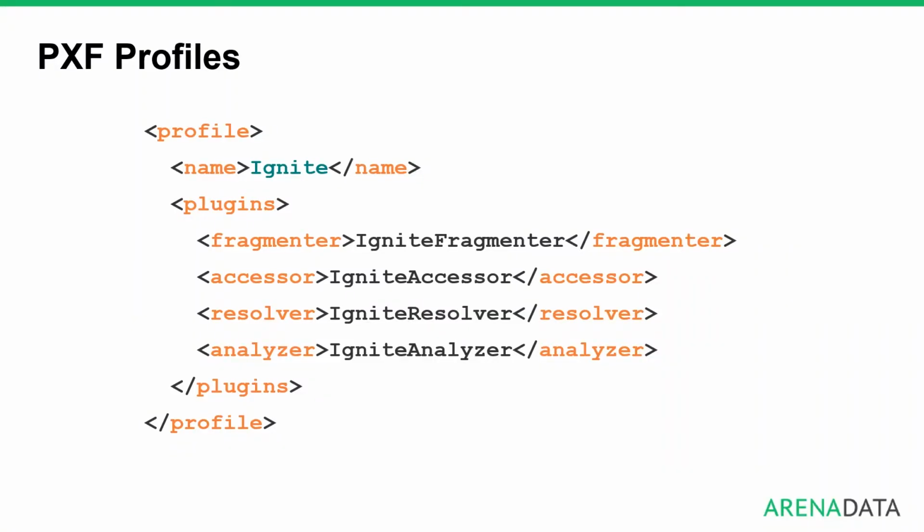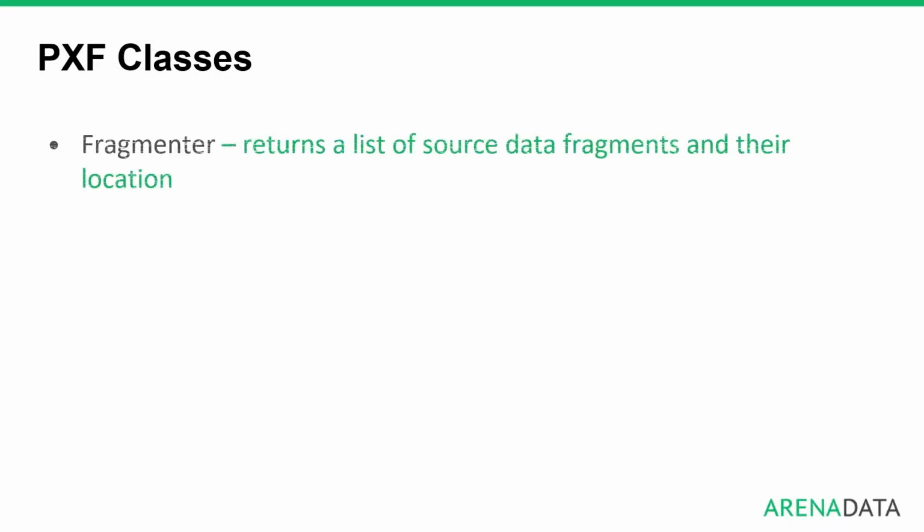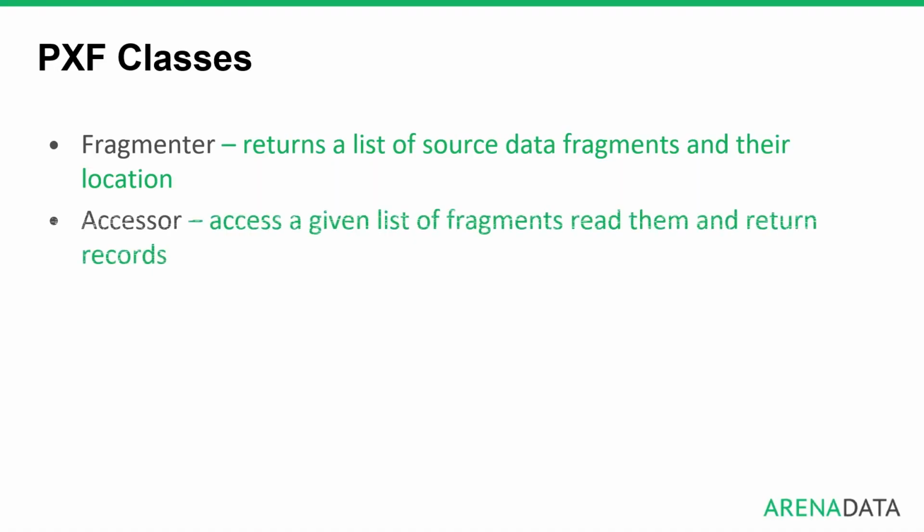The profile is actually a bundle of usually four Java classes. They are called fragmenter, accessor, resolver, and analyzer. If it will be interesting, the fragmenter just returns the source data fragments. The accessor is given the list of available fragments from the data source.